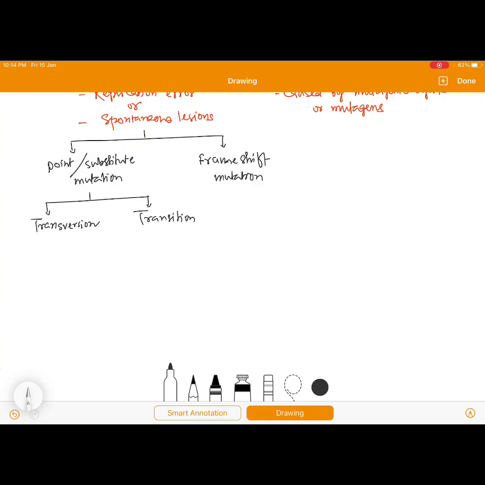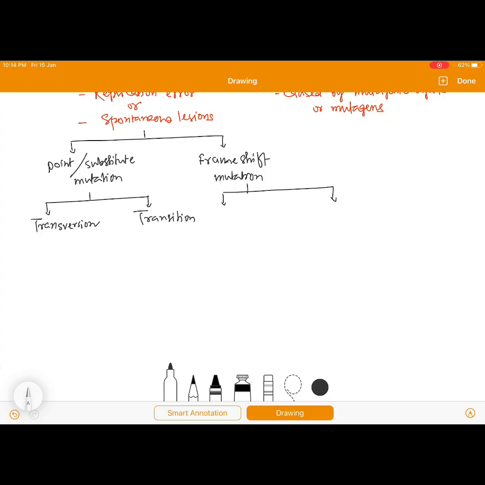Similarly, if you consider frame shift mutation, sometimes one or two nucleotide pairs are changed in a gene. In that case, frame shift mutation occurs because the reading frame will be shifted. That change may be due to deletion of one or two nucleotide pairs from a gene, or due to addition of one or two nucleotide pairs in a gene.